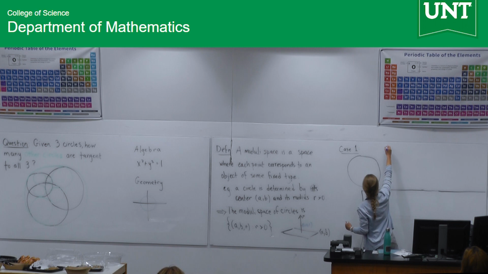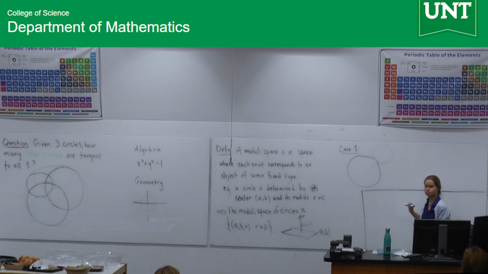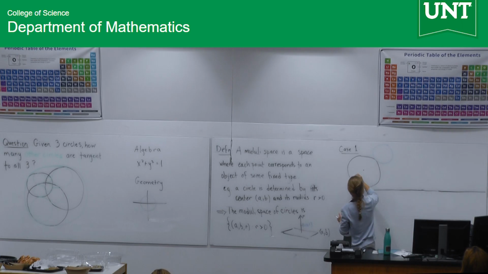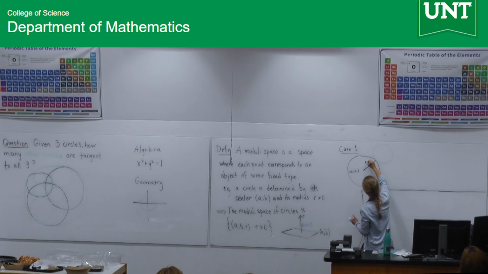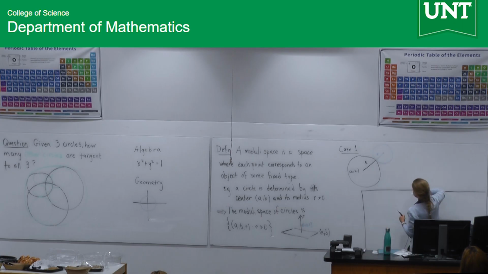So one that meets it on the outside like this. Let's say that our fixed circle here has center (A naught, B naught) and radius R naught. And we're looking for blue circles tangent to it. Those are going to have some radius R and center (A, B). So what can I figure out about the blue A, B, and R?